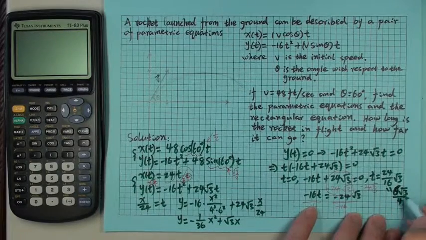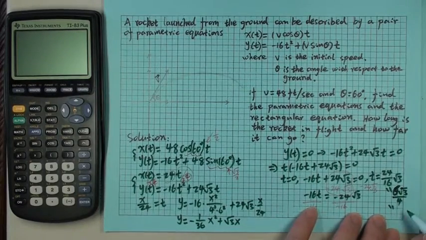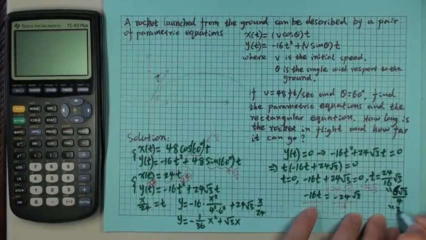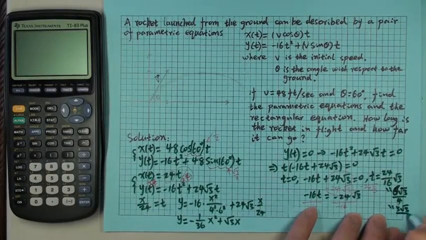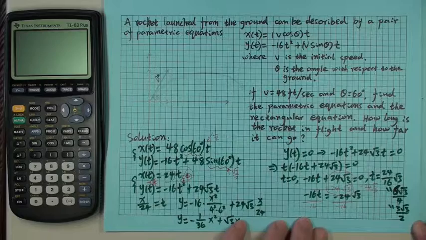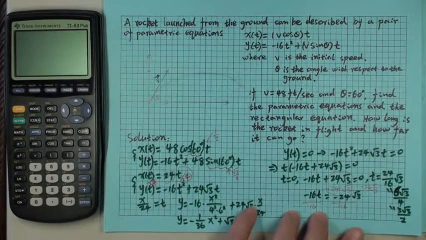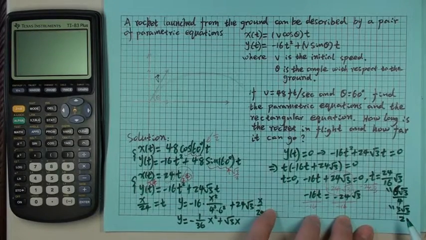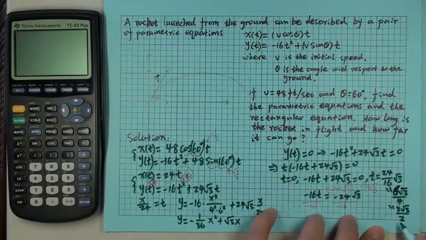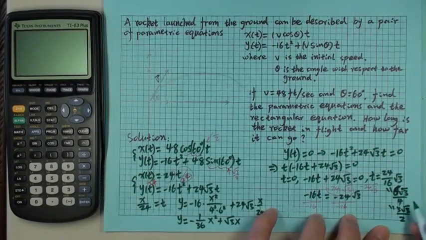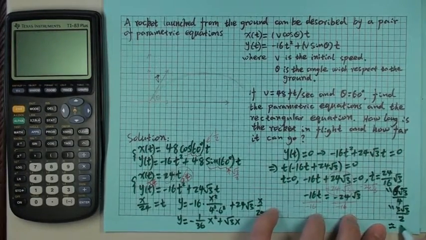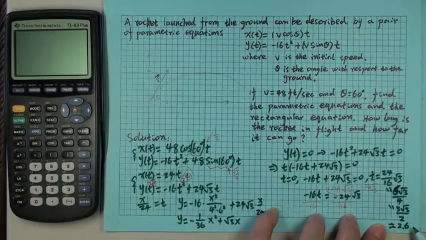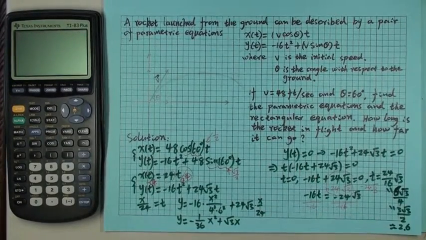We can cancel more by 2, so it's 3 radical 3 over 2. That's the exact value. Approximately that's 2.6, so the rocket is in the sky for 2.6 seconds.